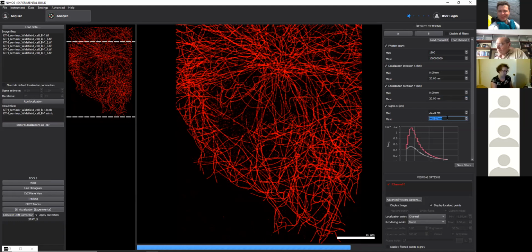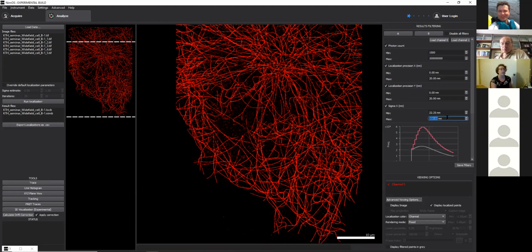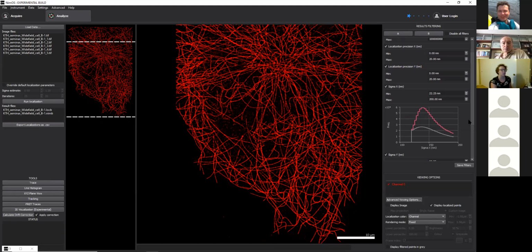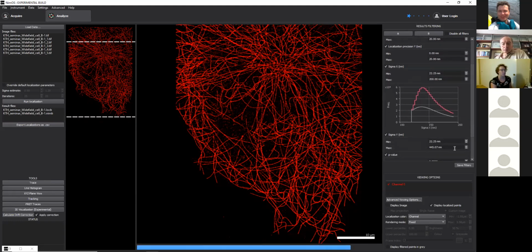The next is sigma, which describes basically the width of that blinking event. So you might remember when Alex showed you that diffraction limited pattern, and then he showed a Gaussian fit over that. So this sigma is describing the width of that Gaussian. And again, that's directly related to the localization precision that you can get out of the microscope. So I'm going to set that at 200 nanometers.